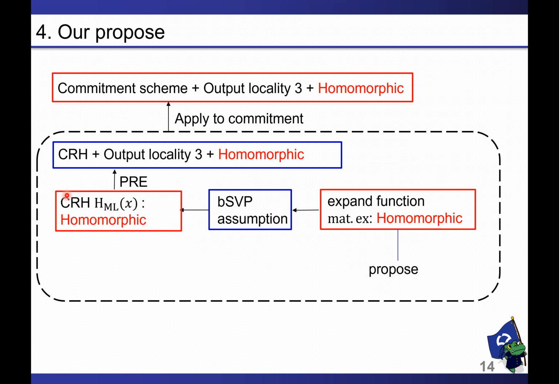This collision resistant hash function is homomorphic. And we apply PRE to CRH, and we construct the PRE CRH, which is CRH with upper locality 3 with homomorphism. So these are the hash functions. We apply this hash function to a commitment scheme and achieve a commitment scheme with upper locality 3 and homomorphism.